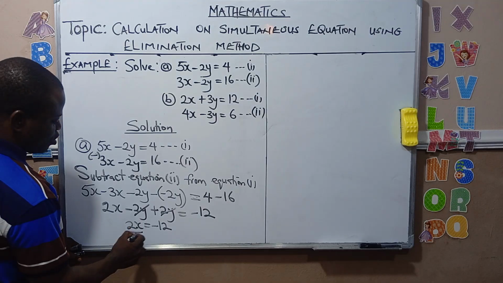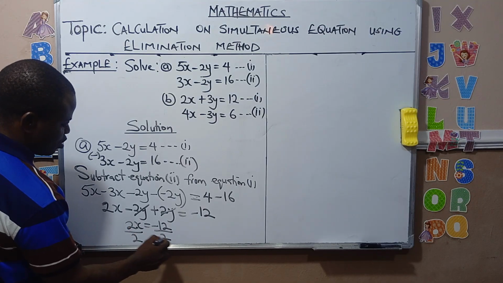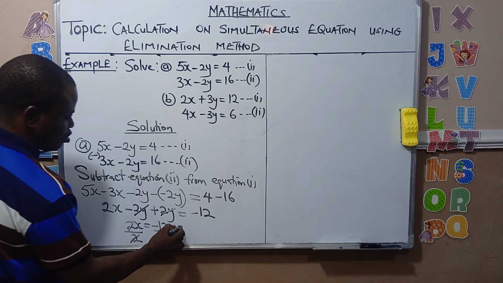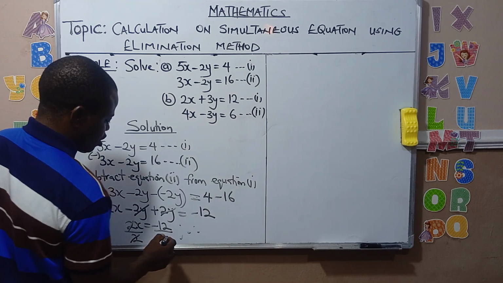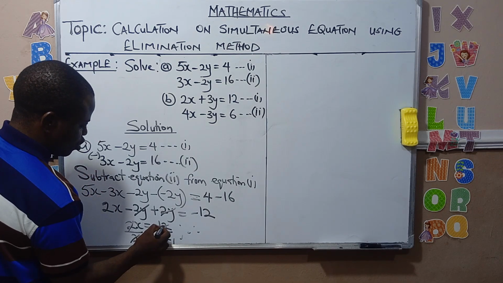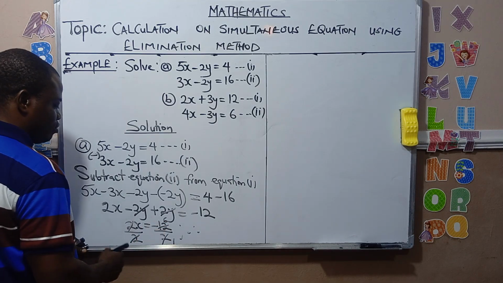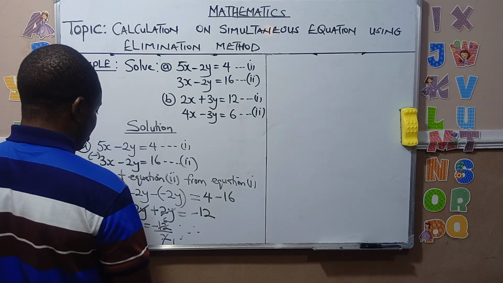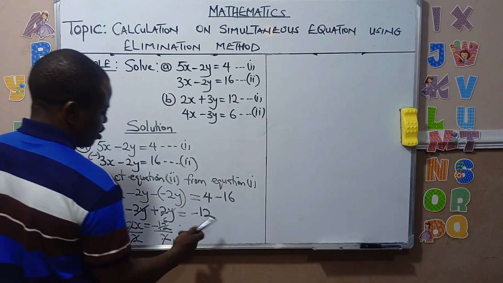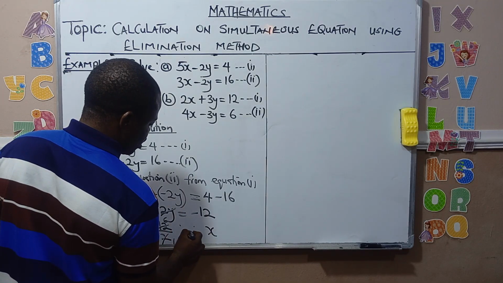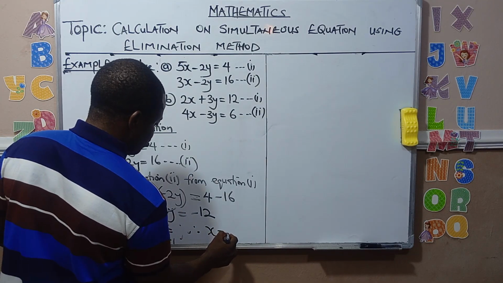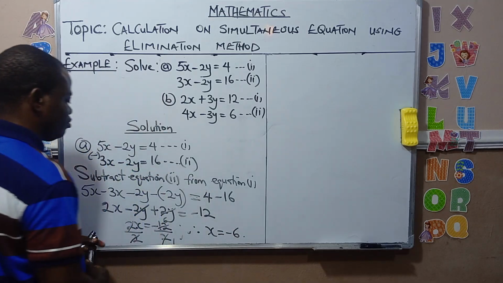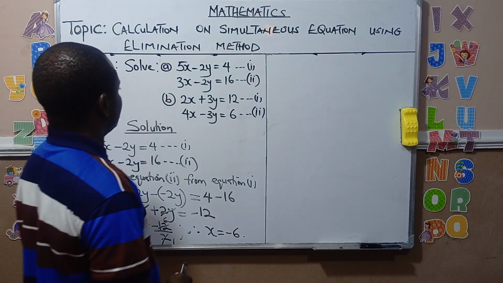To get x, divide both sides by 2. 2 cancels 2. Here, 2 in 12 is 6. Therefore, our x equals minus 6.